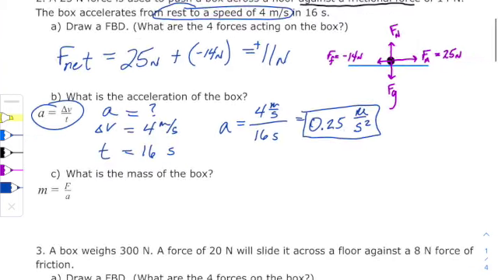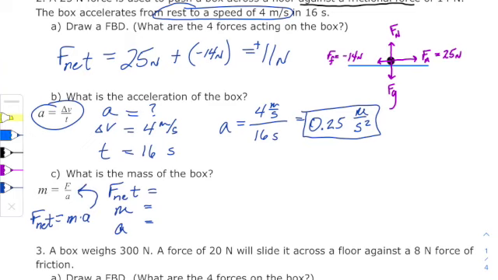We can figure out the mass of the box now using Newton's second law. So I've got F net, I've got mass, and I've got acceleration. F net equals m times a. We've just rearranged it for you here. So our F net, like we solved before, is 11 newtons.